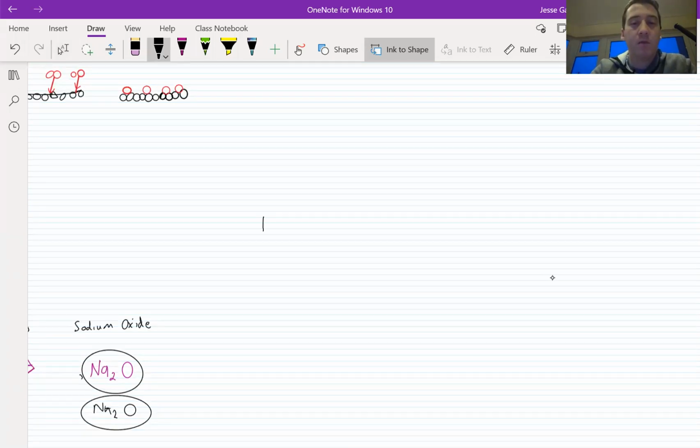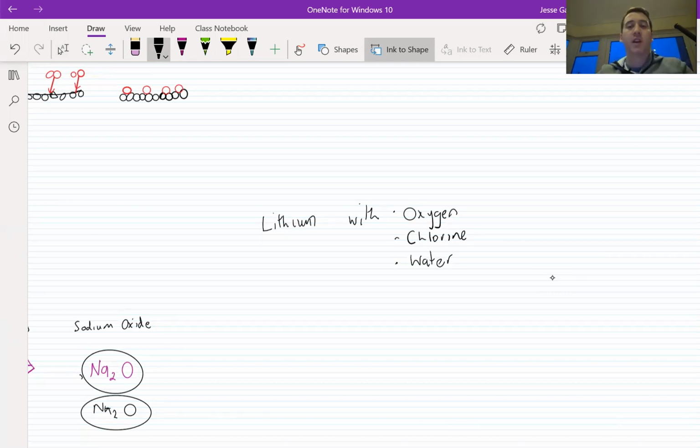So what about lithium reacting with oxygen, with chlorine, and with water? Pause the video and write out the reactions for lithium reacting with oxygen, chlorine, and water. Try to do it from memory as best you can. You need the word equation, and then the symbol equation. And if you can, don't forget to include the state symbols. So pause the video and do that now, please.